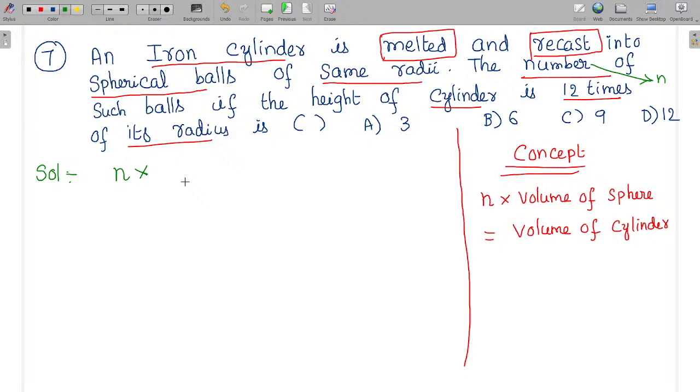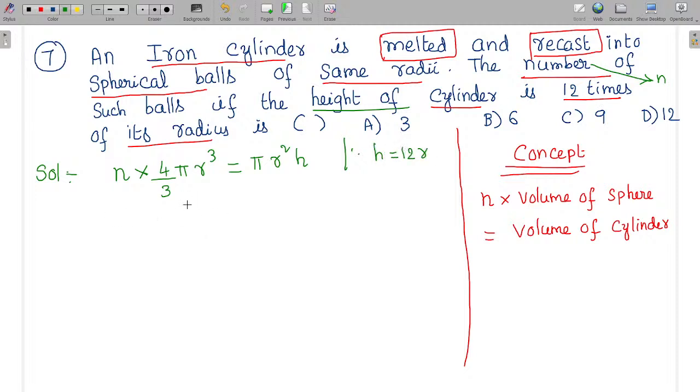So 4/3 pi r cube is equal to volume of the cylinder. Volume of the cylinder is pi r square h, since sphere and cylinder have the same radius. And what is the relation given? Height of the cylinder is 12 times the radius, so h is equal to 12r.